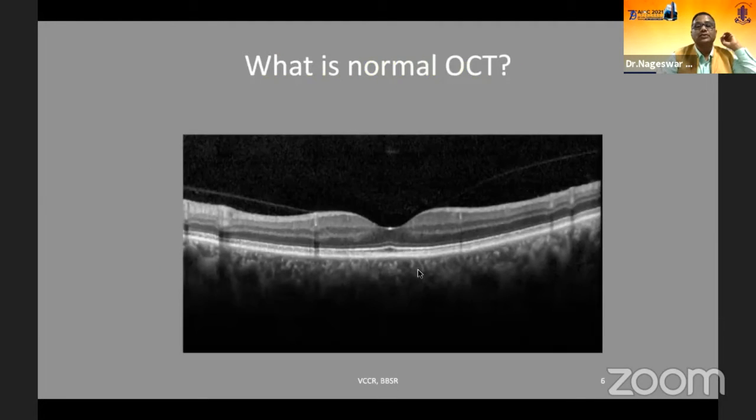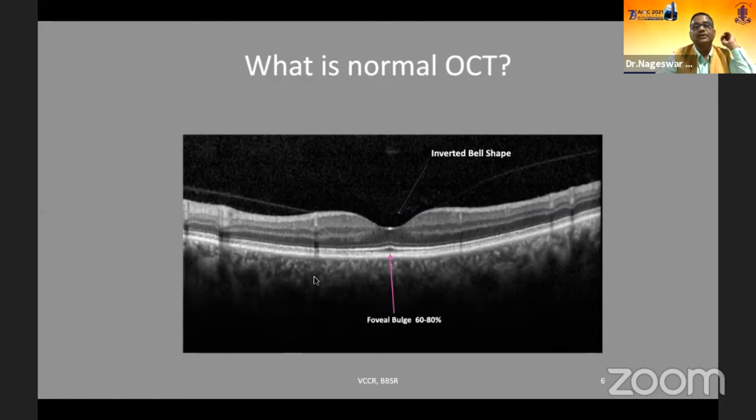So what is a normal OCT? Normal OCT looks like this. This is centrally bell-shaped, which corresponds to the umbo, or the central pit of the fovea, which is here. And in around 60 to 80% of cases, we may sometimes see the foveal bulge. This is also normal.